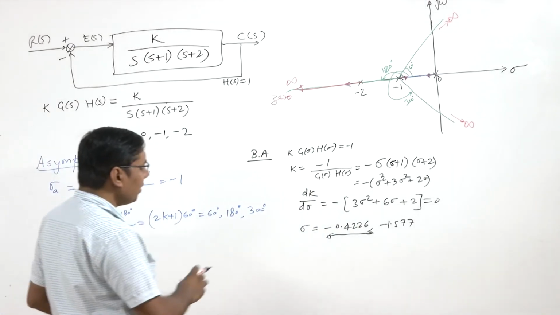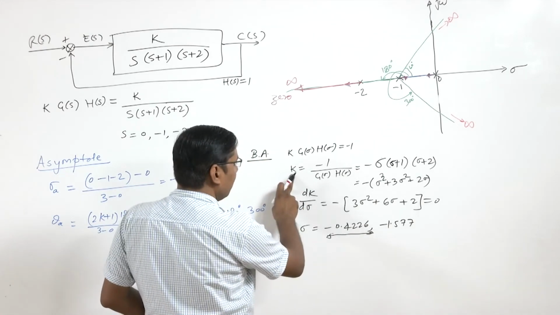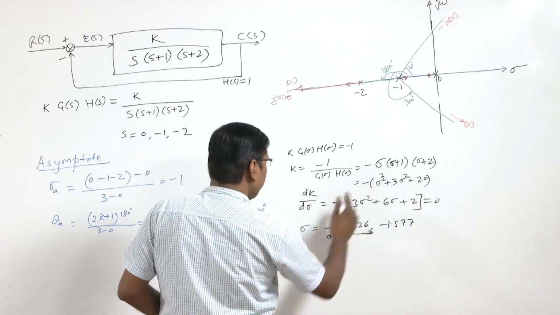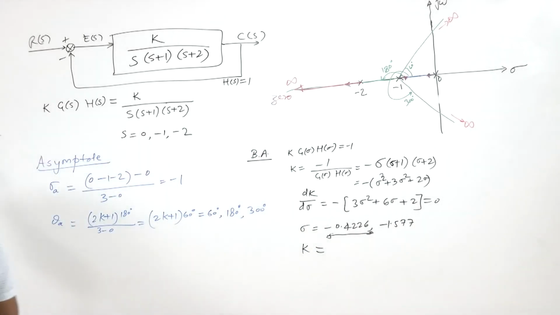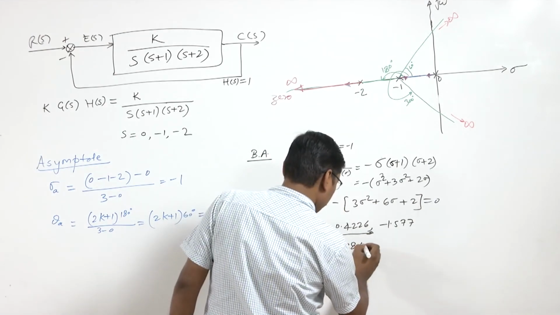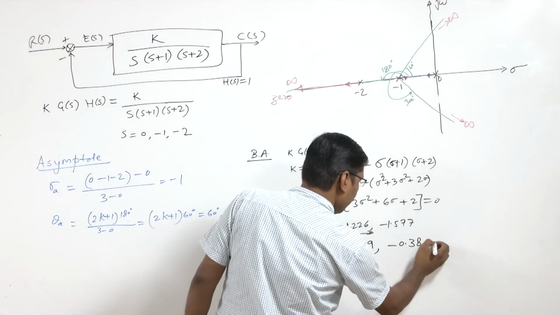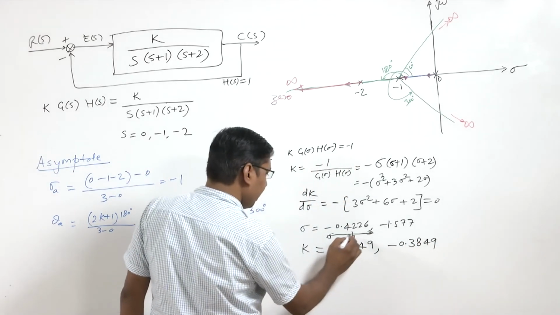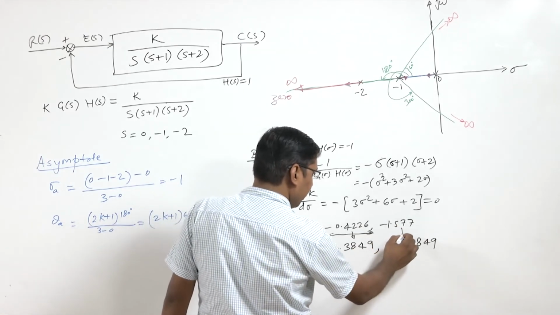So, when we put this value in this, we get the gain. So, k equal to 0.3849, and here we will get minus 0.3849. So, for this value we are getting a positive gain, and for this value we are getting a negative gain.